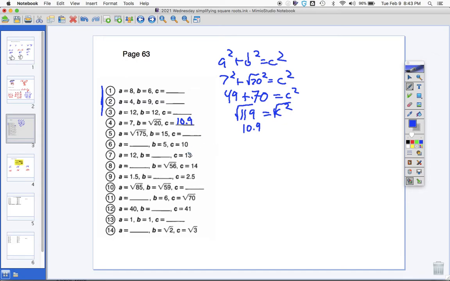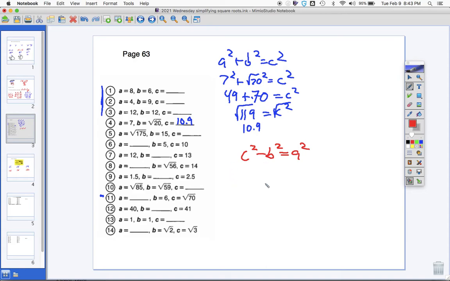Okay, let's take a look at another example. Let's do number 11. 11 has the square root symbol as c. No big deal. So we don't know what a is. So we are going to have to solve for a. So let's do c squared minus b squared equals a squared because we're looking for a leg, so we have to subtract.